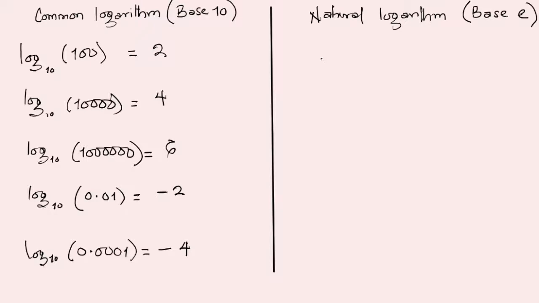Natural logarithms are logarithms to the base of e. So if you have log to the base of e of x, you can write this as ln of x. And there's nothing special about this per se in terms of how you handle the solutions.